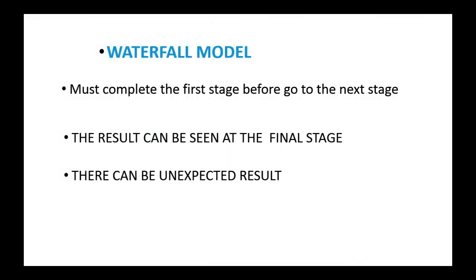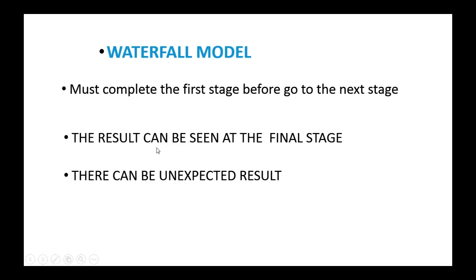Waterfall model, and the stages that we already considered about the waterfall model. In the waterfall model, after ending one stage, the next one starts. This is how the waterfall model works. The first stage should be completed to go to the next one.